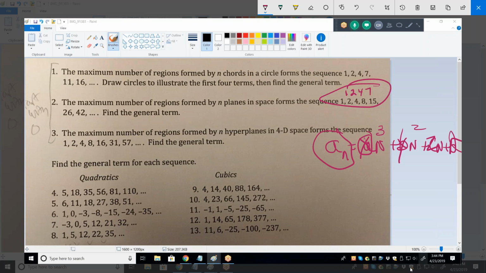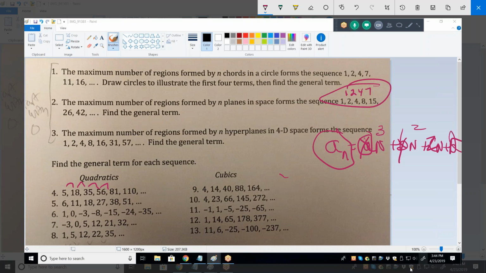Yes, sir. So anyway, the way you determine whether it's quadratic or cubic is by taking the differences and finding that it's linear. It's going to be linear in all 4 of these problems at the bottom.